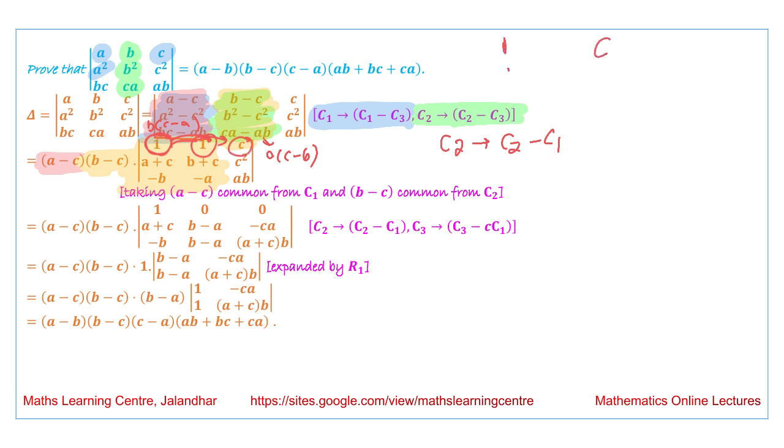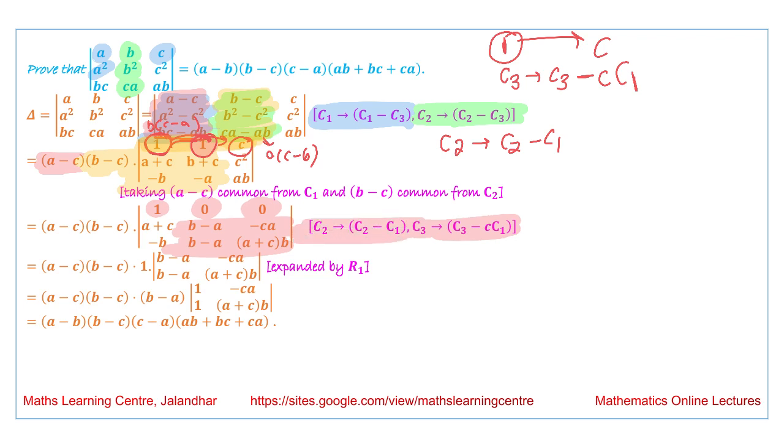So we are saying column 3 approaches column 3 minus C times column 1, where C is any constant. If we apply these operations, we will obtain 1 in our first row over here. This term will become 0, this term will become 0, and these values are changed according to these operations.